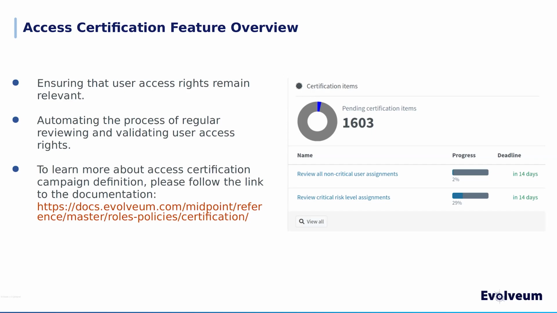This feature automates the process of regularly reviewing and validating user access rights, and it helps to identify and to address the potential security risks such as, for example, unnecessary access rights or outdated permissions. midPoint provides a wide range of the configuration for the certification campaigns definition, and to learn more about them, please follow the link to the documentation.